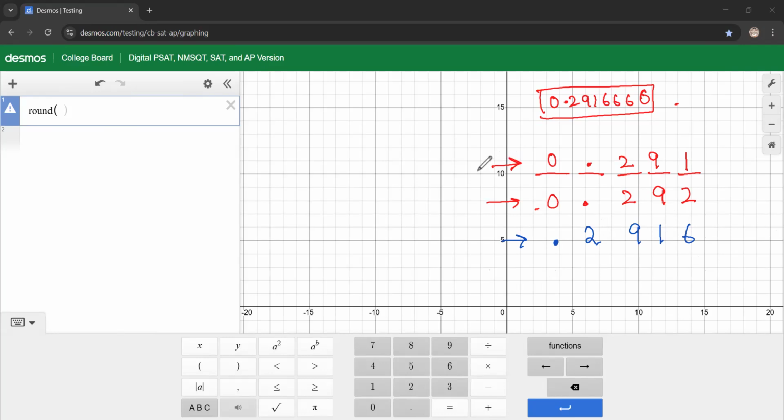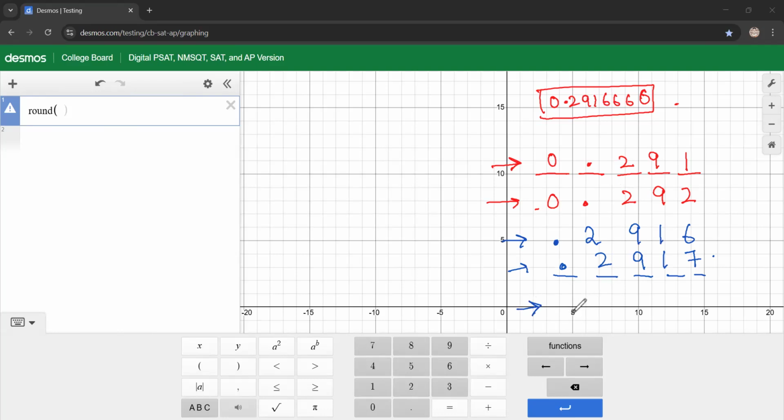And if you have the fractional equivalent and it fits in your 5 characters, go for that as well. Or you can write 0.2917. This is also fine. It will accept this answer as well.